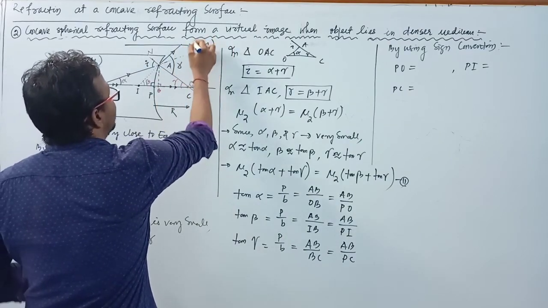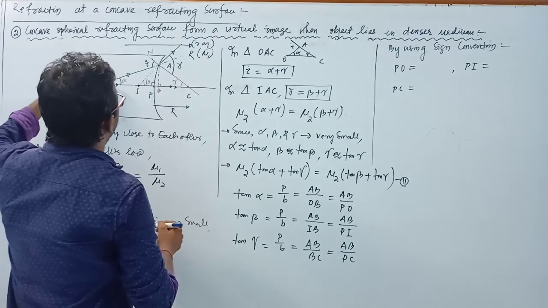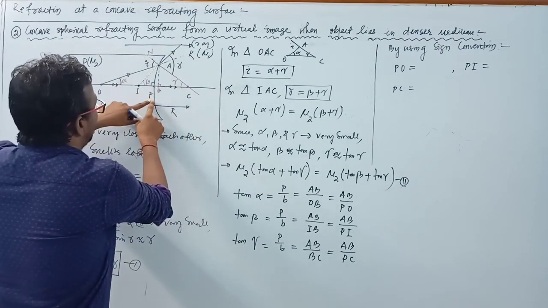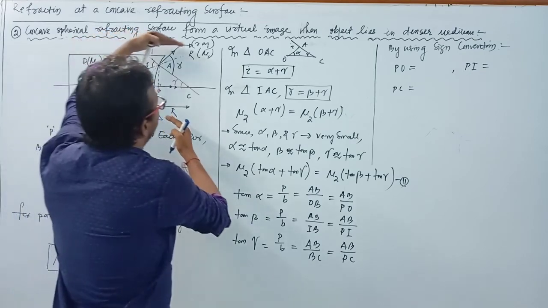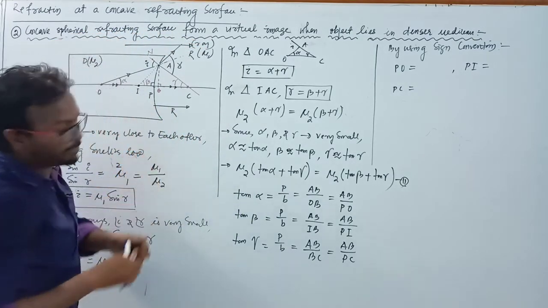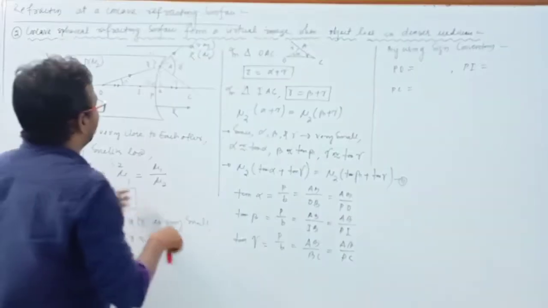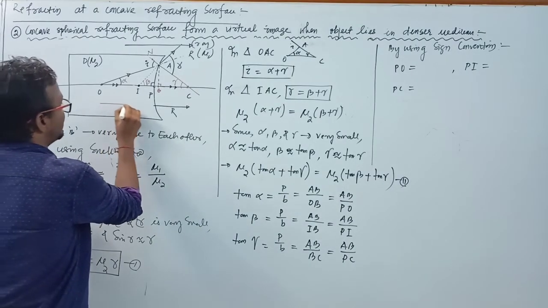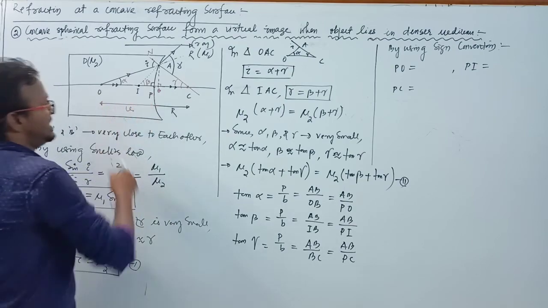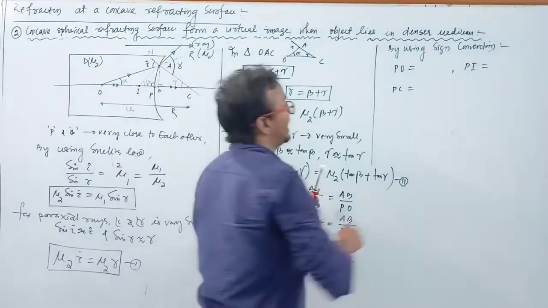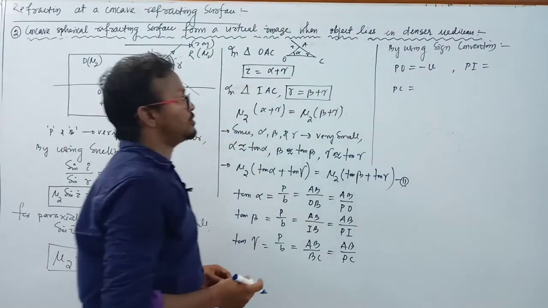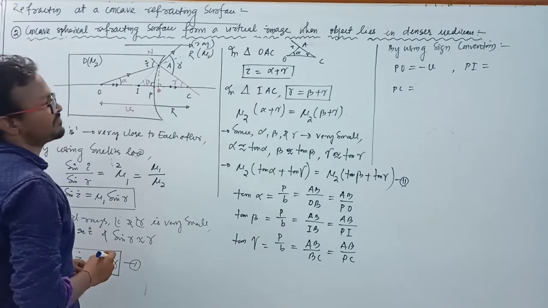Now this is the direction of incident ray. This is the ray of incident, and the distance is always measured from the pole. So this is the direction of incident ray, and the PO distance is opposite to the incident ray. This distance is known as the object distance, which is U, and this PO distance is taken to be negative. Why? Because this distance is measured opposite to the direction of incident ray.